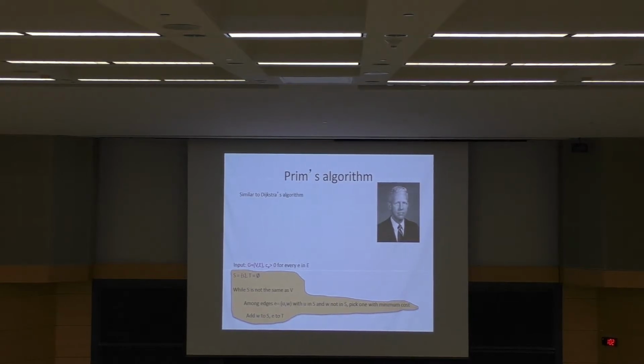Since we have assumed that G is connected, the only time you won't have any crossing edges is when you have considered all the vertices. So you repeat this loop till S is the same as V.